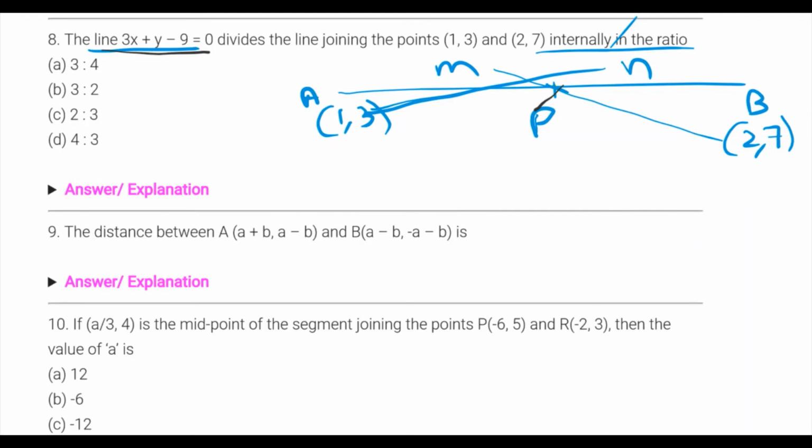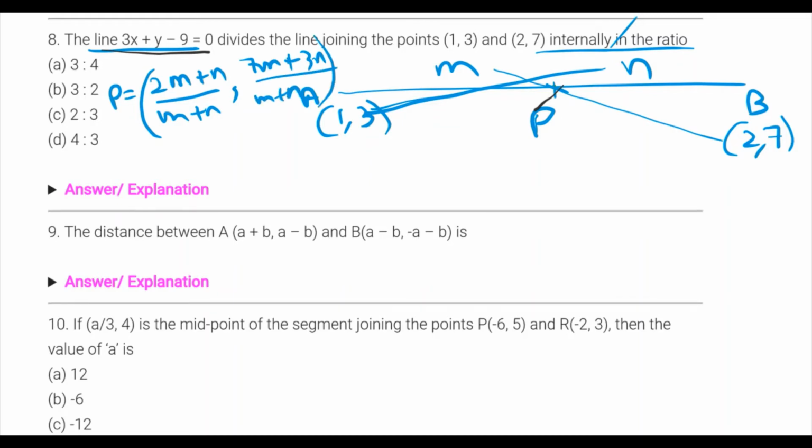If I substitute these coordinates, I will get, let me write P here. So P will be equal to 2m plus n by m plus n, comma, 7m plus 3n by m plus n. So these are the coordinates of P. The line is 3x plus y minus 9.